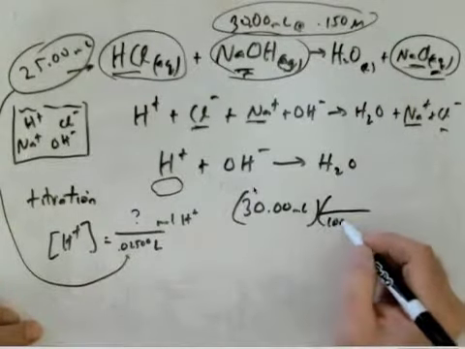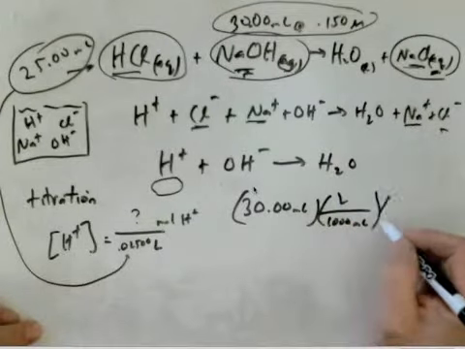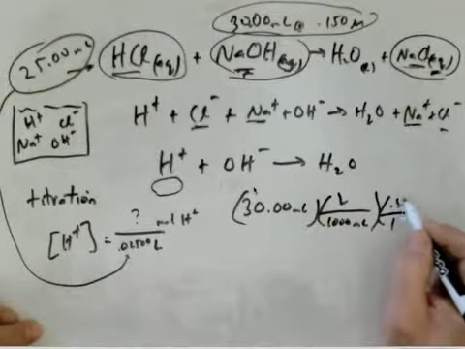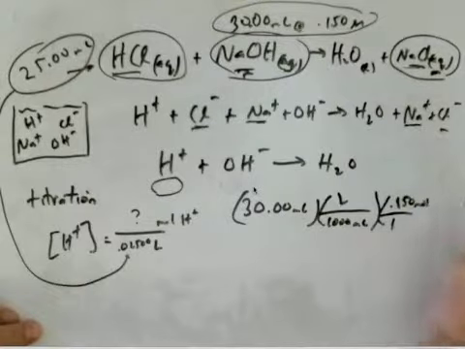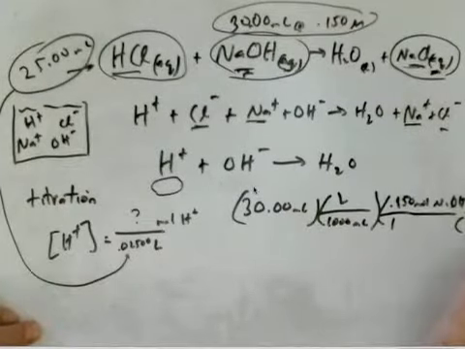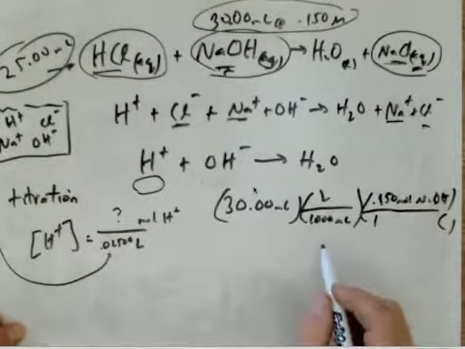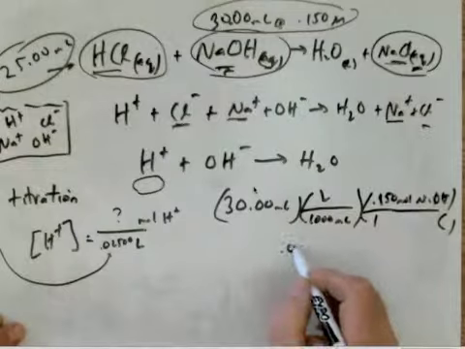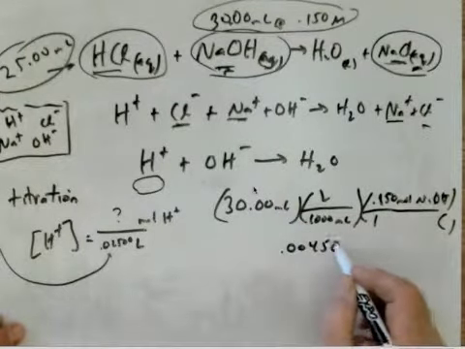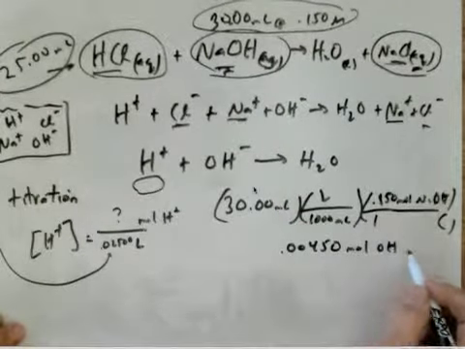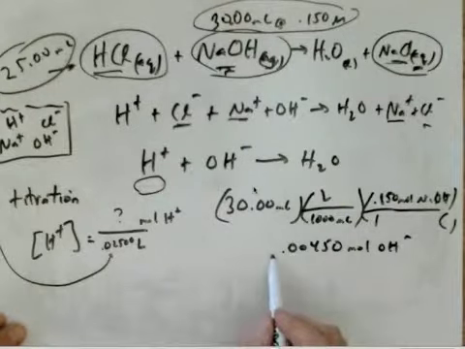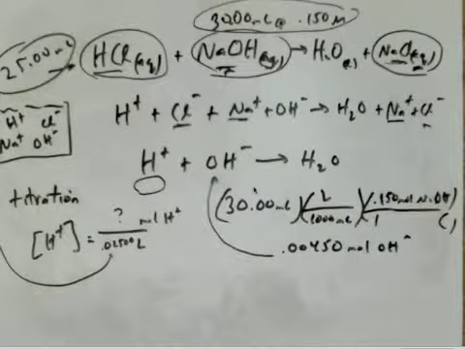Let's see, 1,000 milliliters per liter, and each liter is 0.150 moles of NaOH. And we would do the one extra step to determine the moles of hydroxide like we've been doing, and that came out 0.00450 moles of hydroxide.